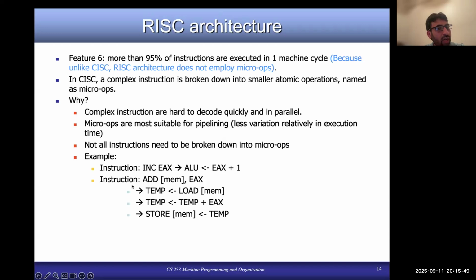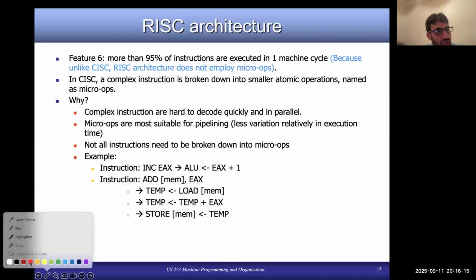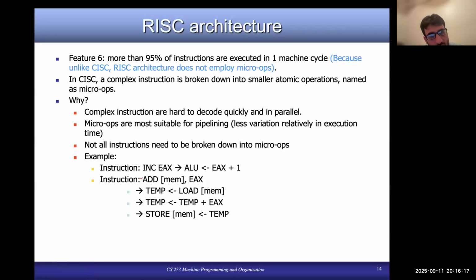But now let's have a look at another example, where we say add the value of the EAX register to the memory location whose address is given. In this case, mem is the address, right? We can break down this complex instruction into three micro ops. In this instruction we actually have to do three things.